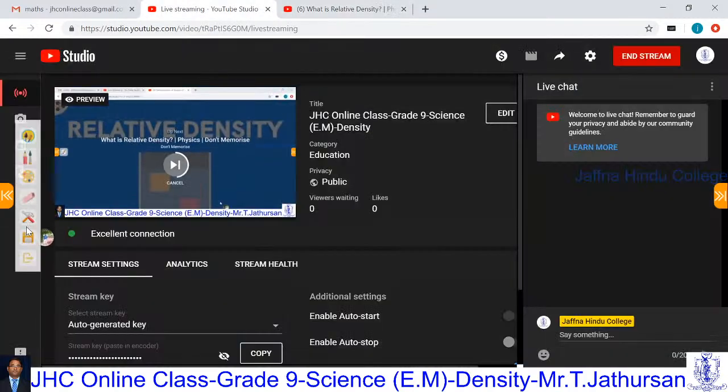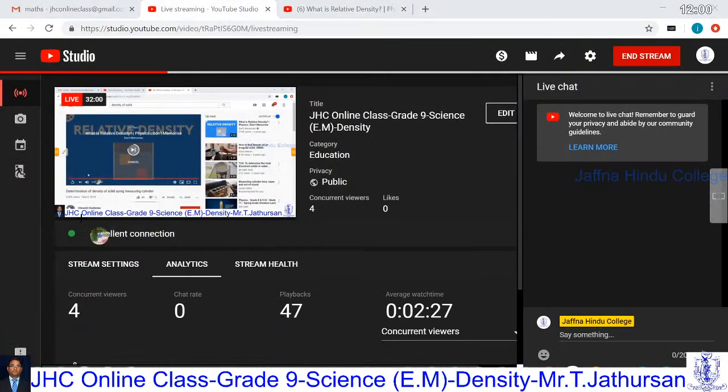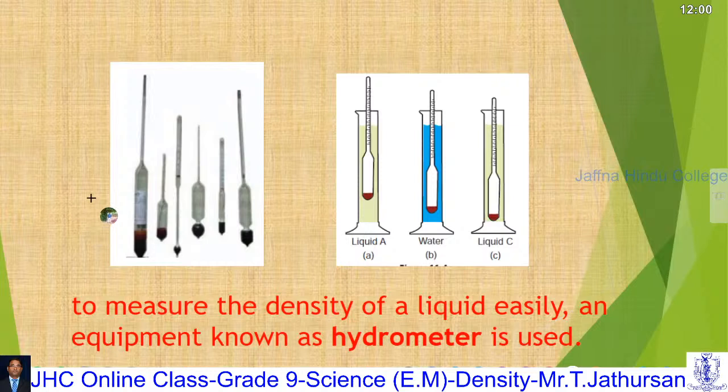Hydrometer is the instrument used to measure the density of liquid substances. What is the use of the iron rod, lead shot, in the hydrometer?